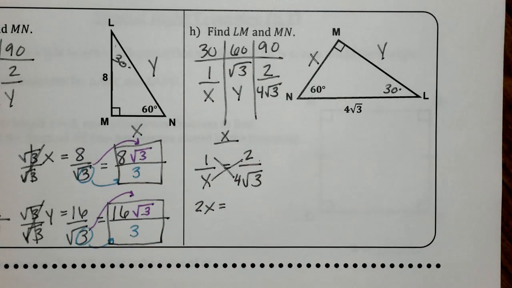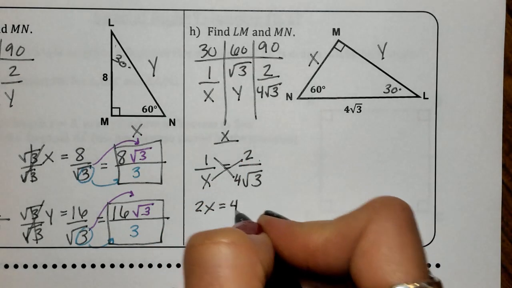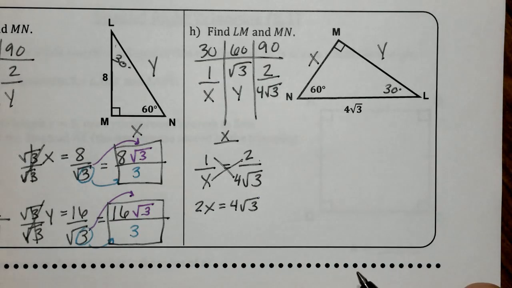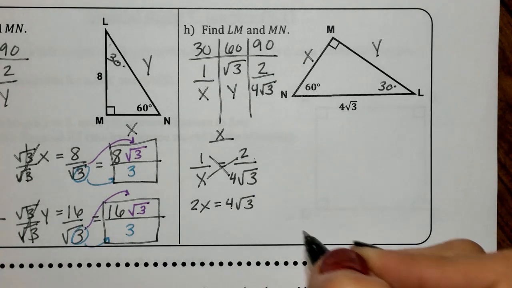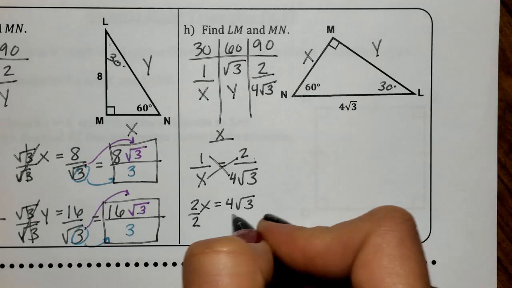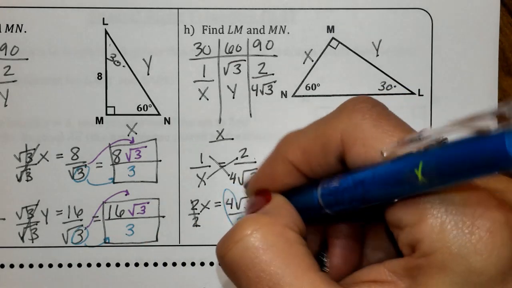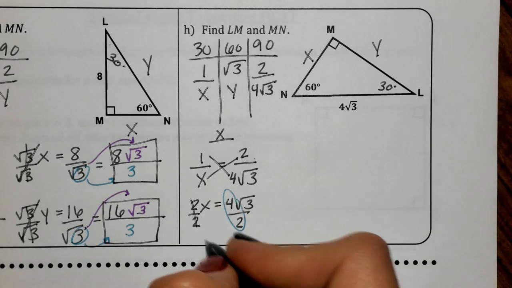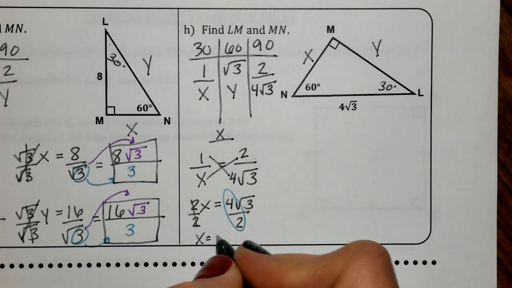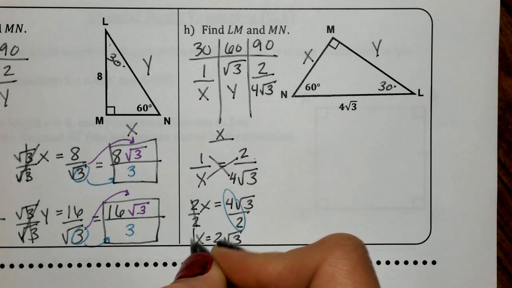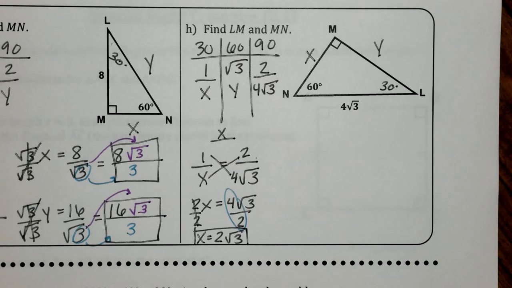The other cross product, 4 square root of 3. And as always, we have that coefficient in front of the variable. Let's divide both sides by 2. And we're going to find ourselves able to divide 4 by 2, leaving our answer as 2 square root of 3 for x.